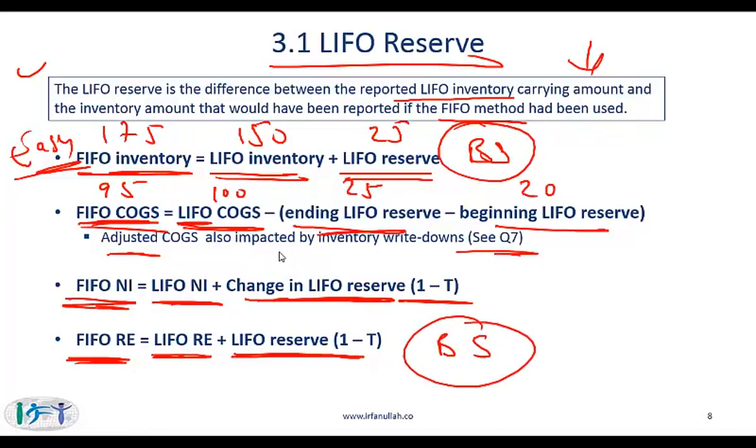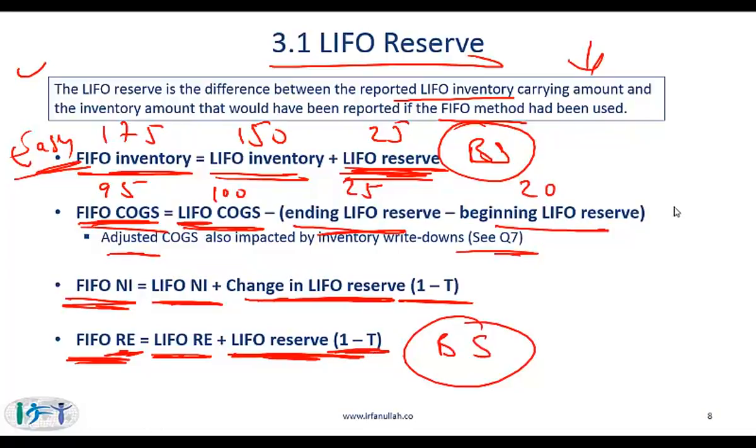The balance sheet reports cumulative numbers in the sense that you are looking at your total inventory at a given point in time, or your total accumulated retained earnings. With balance sheet related calculations, we use the ending value of the LIFO reserve. And then obviously with retained earnings, there's going to be a tax impact, so you do 1 minus T.